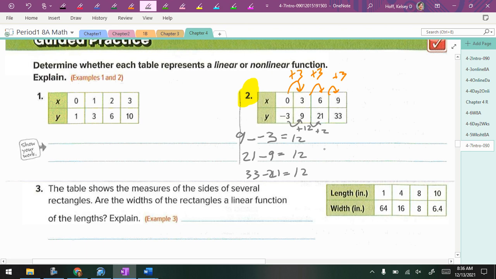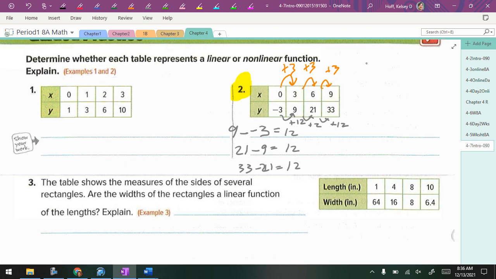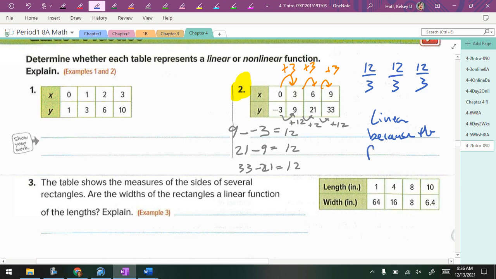It is? For real? Okay, so what's your fractions then? Over 3, then, nicely done. What's your answer to this? Linear. You are right.